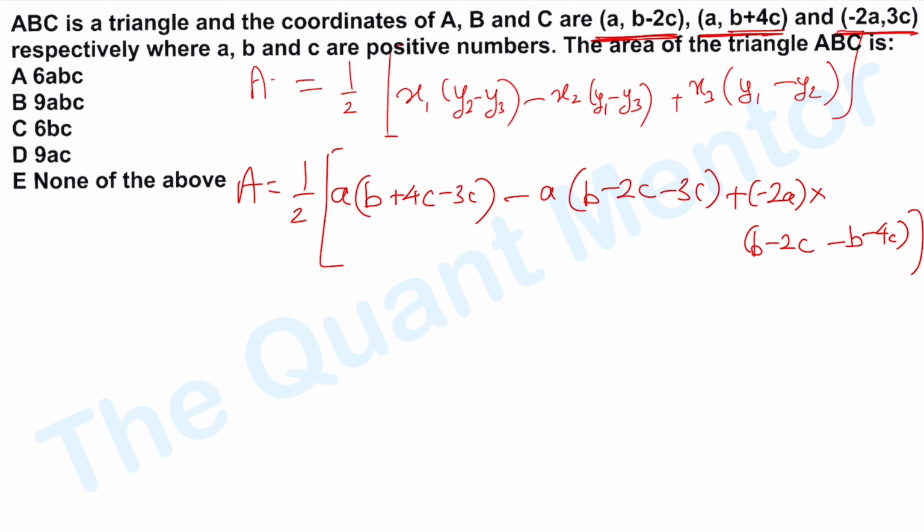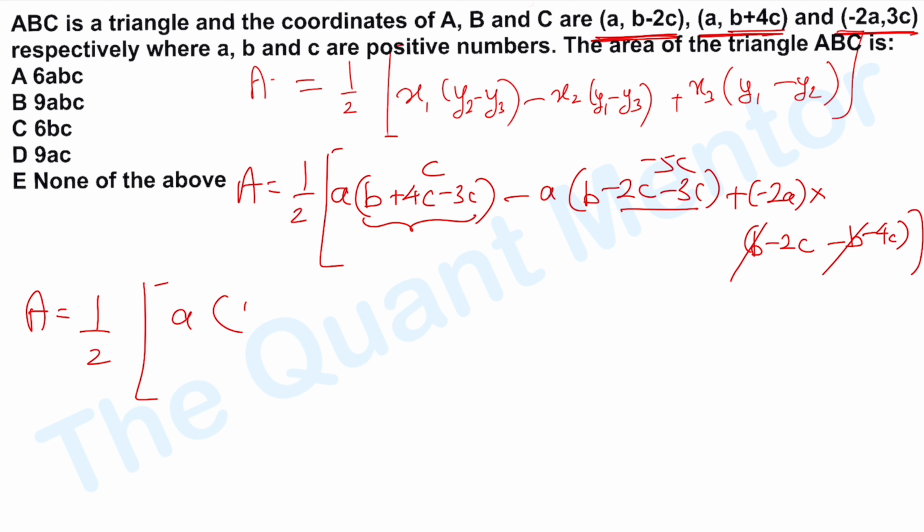Okay, so that's what we have. The next step is we will observe b and minus b will get cancelled out, and b plus 4c minus 3c is nothing but c only, and b minus 2c minus 3c is minus 5c. So what we will have is the area is half into a into b plus c, minus a into b is minus ab, minus a into minus 5c is plus 5ac, minus 2a into minus 2c minus 4c is minus 6c, minus 2a into minus 6c is plus 12ac.